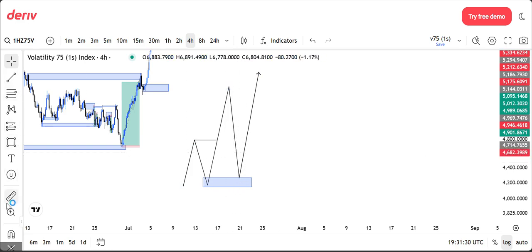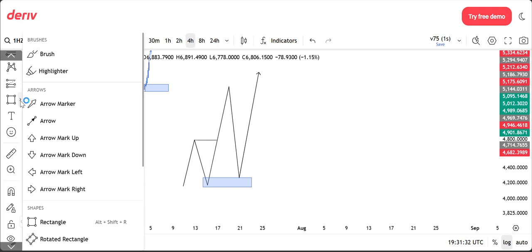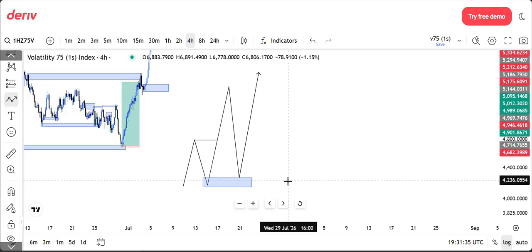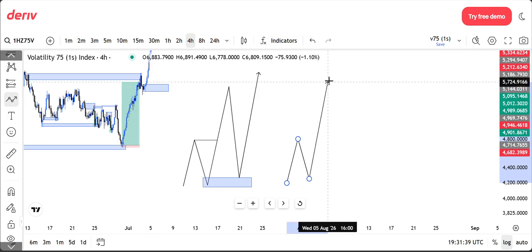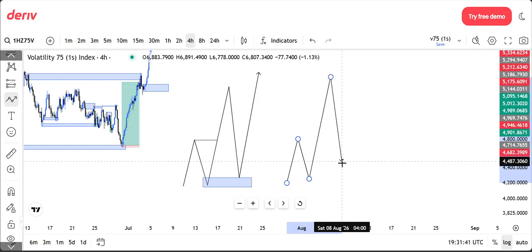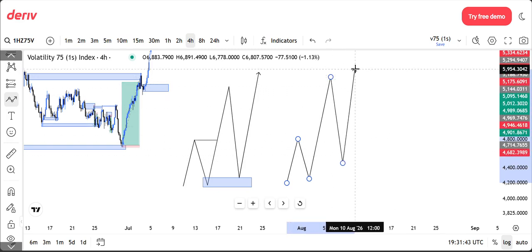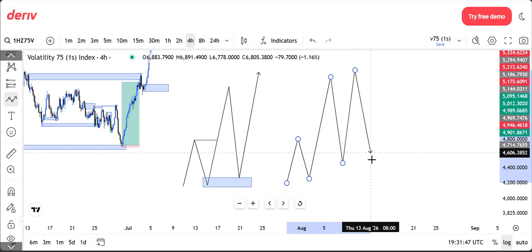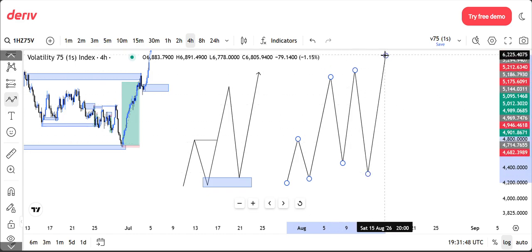Okay, so now let's have another model. So this is another model where we have something like this, a break of structure, and then we have inducements, this, and then this before we have our rebuy.